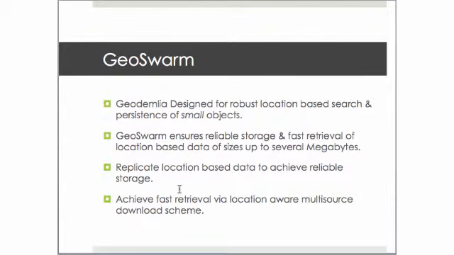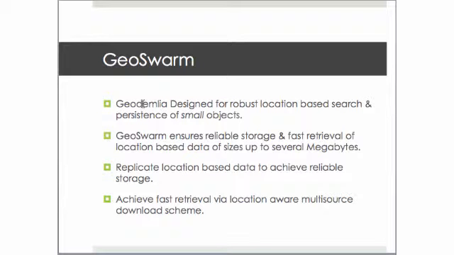GeoSwarm is a reliable multi-source download scheme. It is built on top of BitTorrent and GeoSwarm. The reason why GeoSwarm alone is not sufficient for location-based search is that it does not support the persistence of larger multimedia objects. It supports the persistence of only smaller objects.